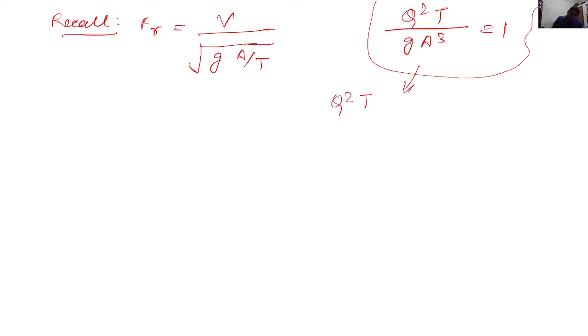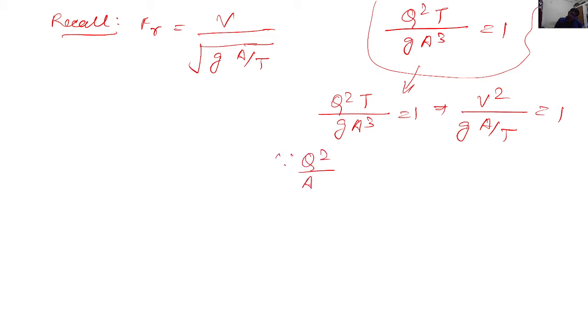So q square T by g A cube equal to 1. This implies q can be written in terms of A and V, that is Q is equal to A times V. So that would give V square by g A by T is equal to 1, since Q square by A square is equal to V square.